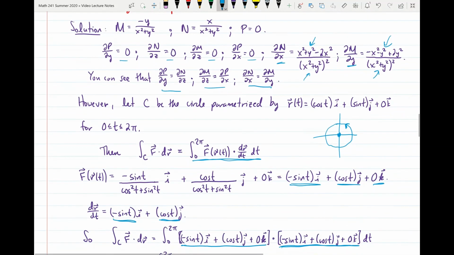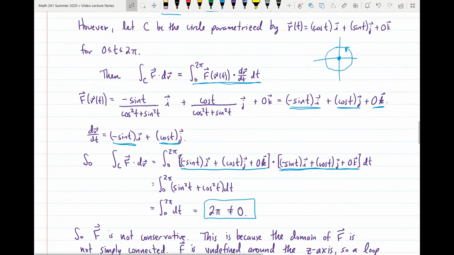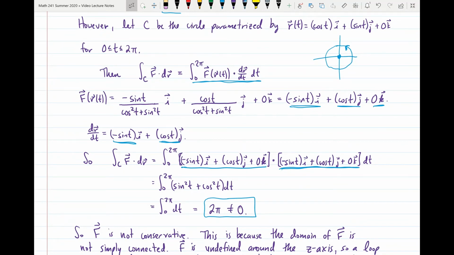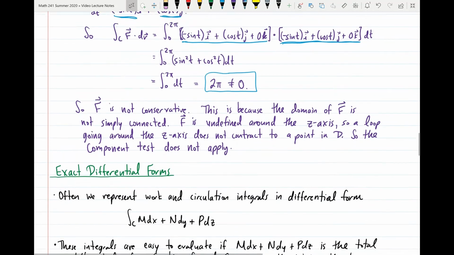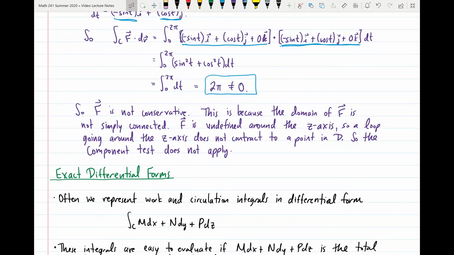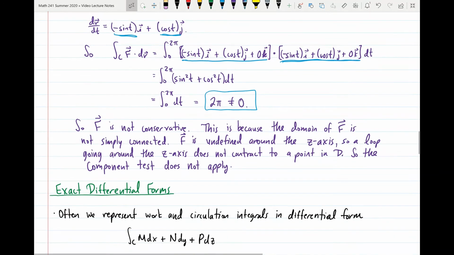And so if we take a loop and we put that loop around the origin, notice that if we try and contract that loop, we're going to end up at the origin or on the z-axis where f is not defined, in which case when we contract that loop we leave the region for our vector field f, meaning that the region on which f is defined is not simply connected.